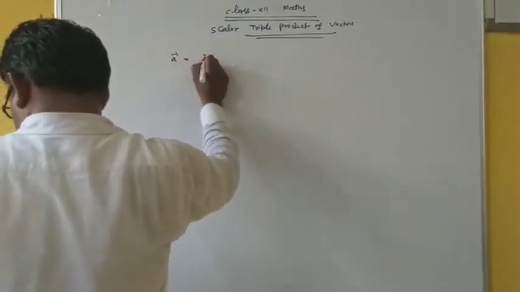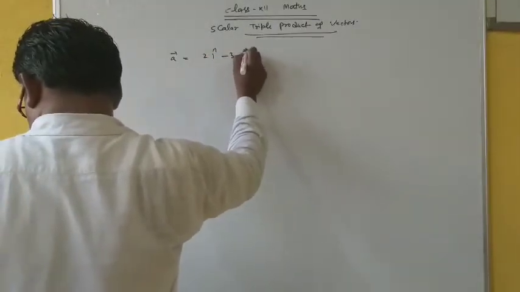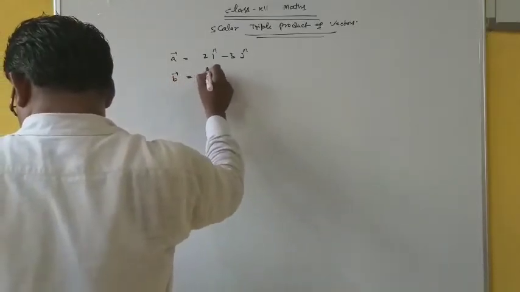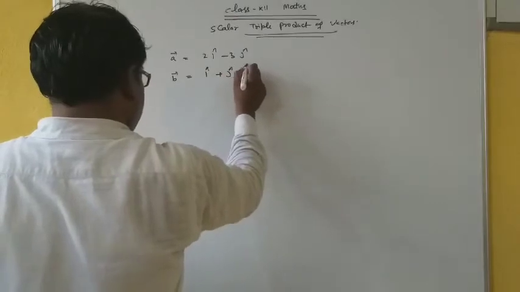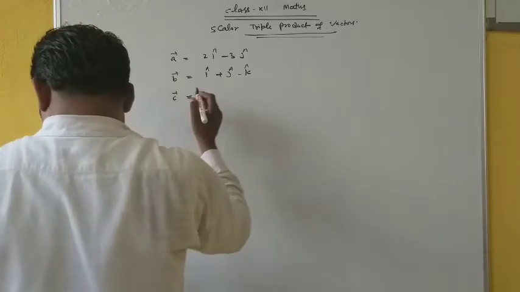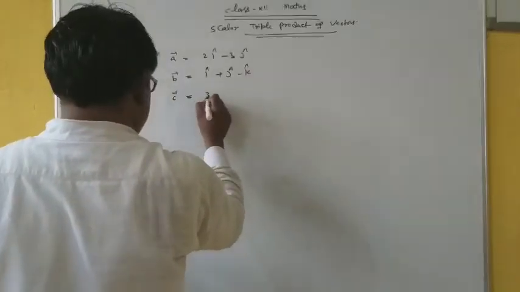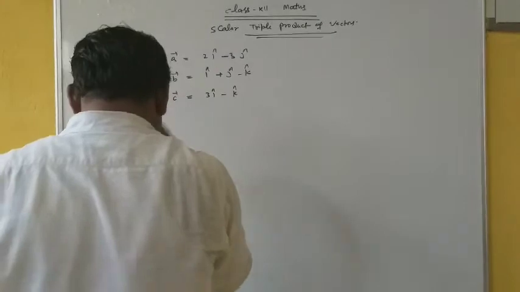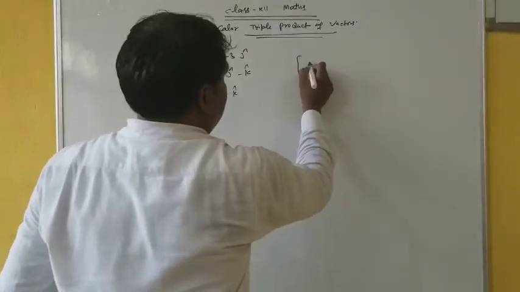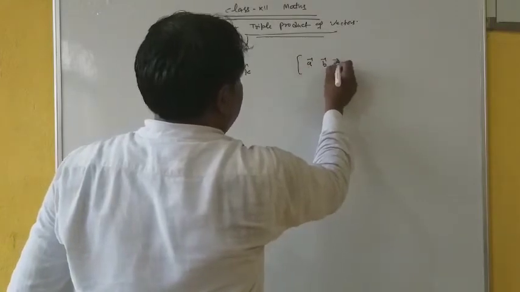If vector A is given as 2i cap minus 3j cap, vector B is given as i cap plus j cap minus k cap, and vector C is 3i cap minus k cap. You have to find A, B, C. Now you have to find vector A, vector B, vector C.